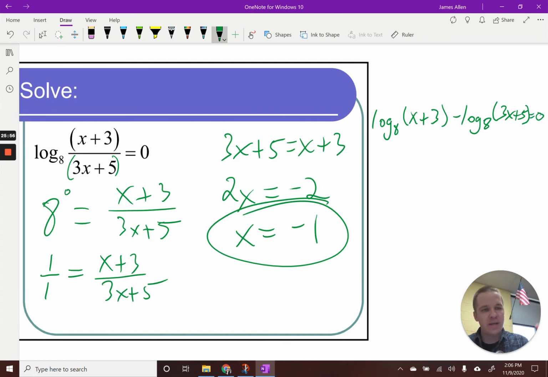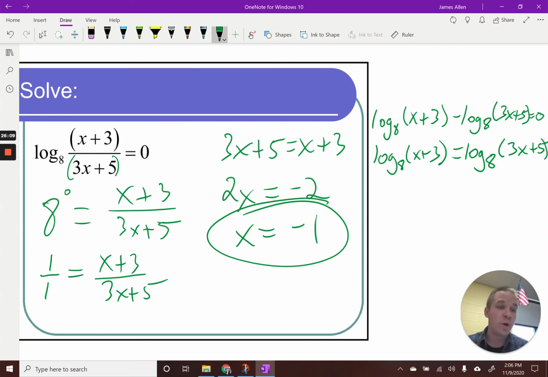So now if I add the second log over, I'd have log base 8 of x plus 3 equals log base 8 of 3x plus 5. And then we can use one-to-one property and set the arguments equal to each other, which is exactly what we have right here, and we'll get x equals negative 1. So either way is fine.